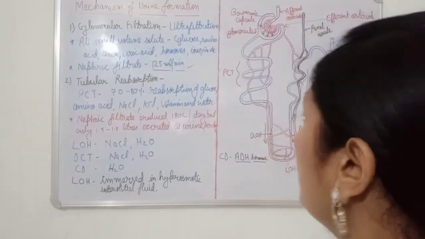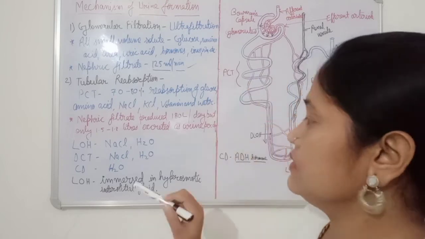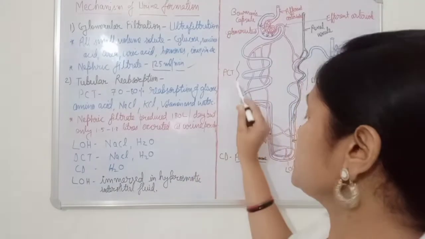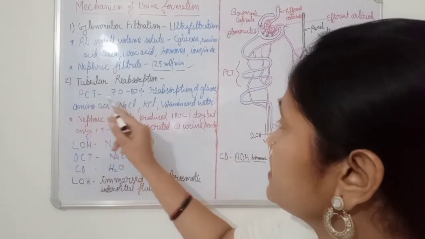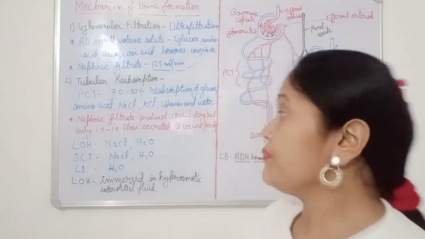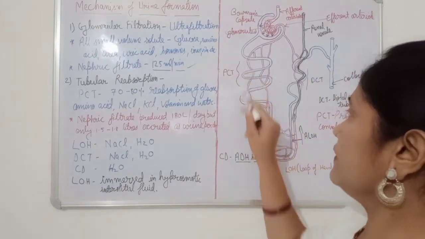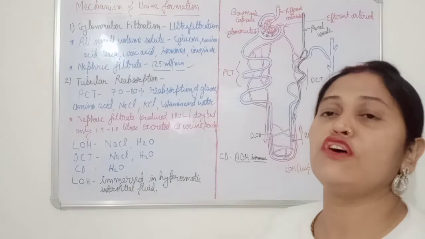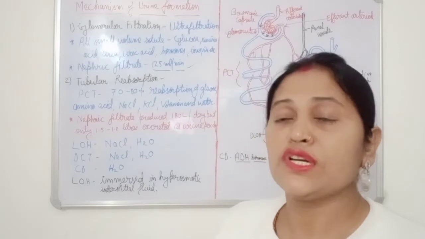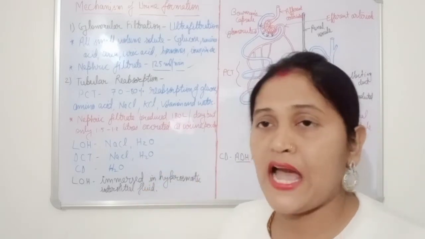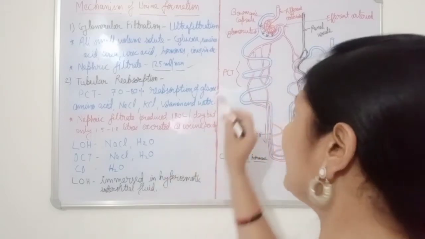So how does reabsorption occur? This first portion of the nephron is known as PCT, the proximal convoluted tubule, as I told you in the last video. In the PCT, mostly 70 to 80% reabsorption of the nephric filtrate occurs.